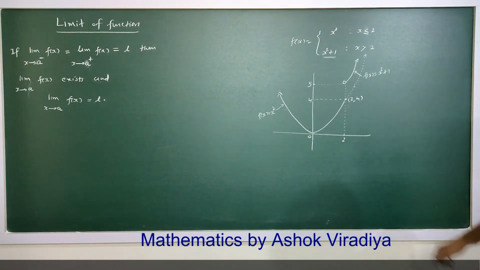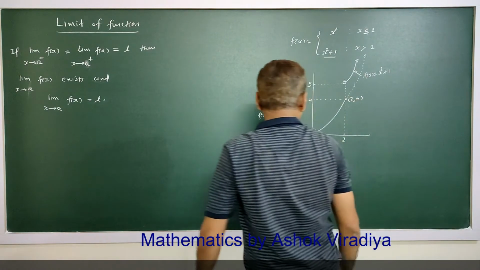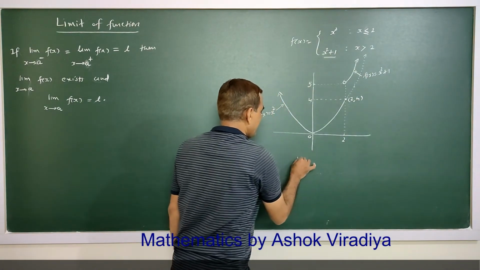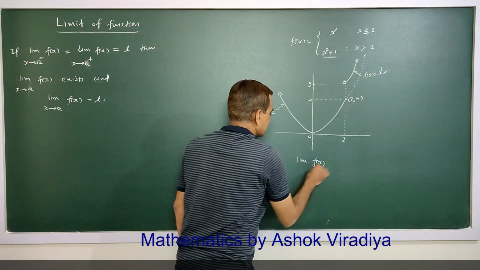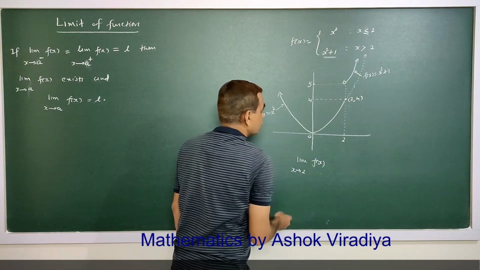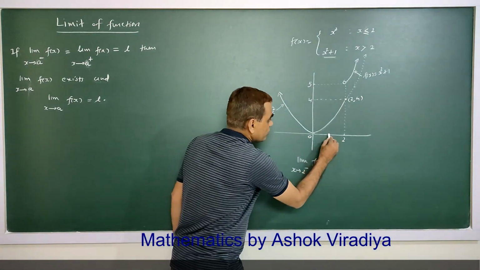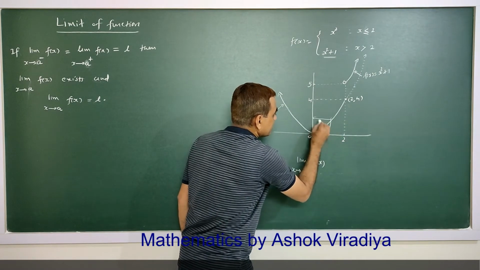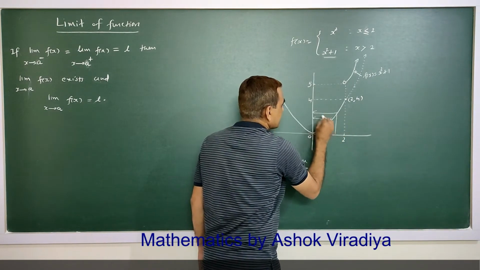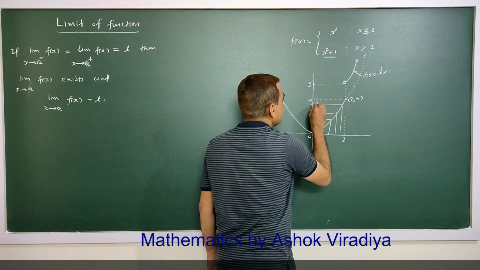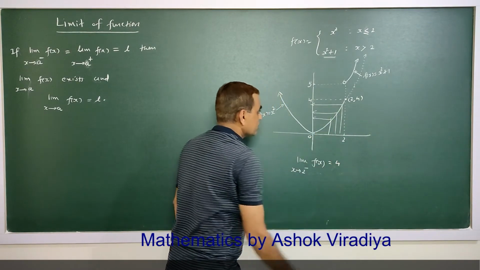Now look here. What will happen? The limit of f(x) as x tends to 2 from the left side: when x is coming towards 2 from the left side, f(x) is going nearer and nearer towards 4.